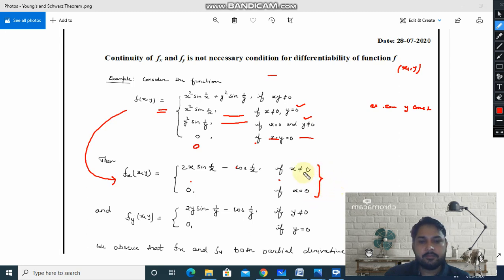Similarly, we can find the partial derivative of f with respect to y, and this will be equal to 2y sine 1 upon y minus cos 1 upon y if y is not equal to 0, and this is equal to 0 when y is equal to 0.